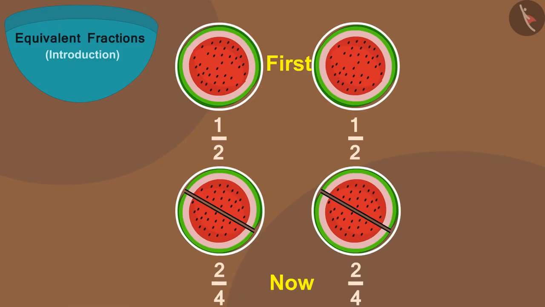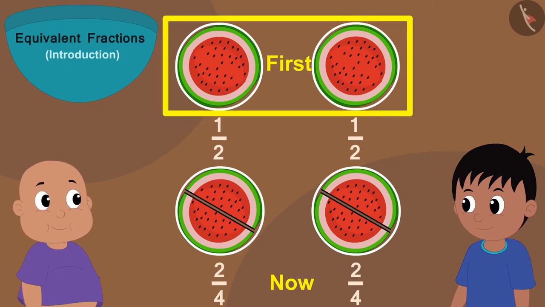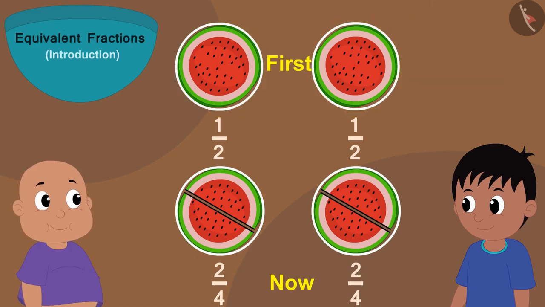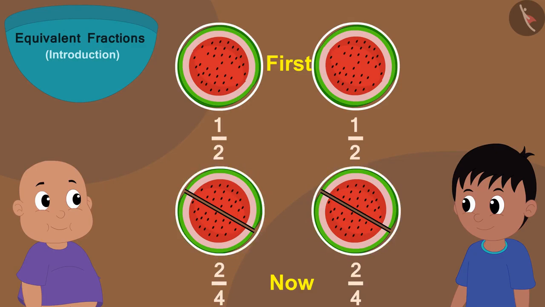Absolutely right. Both are getting as much watermelon as before. Earlier, Raju and Bablu were getting 1 part out of 2. That is 1/2 parts. And now they are getting 2 parts out of 4. That is 2/4 parts.